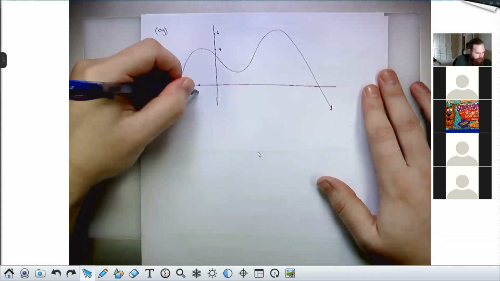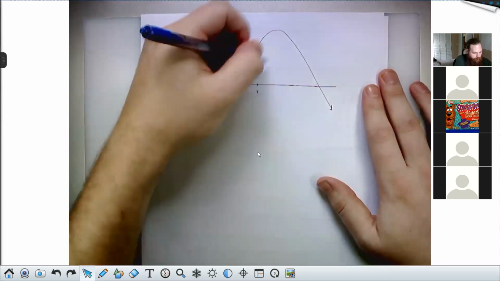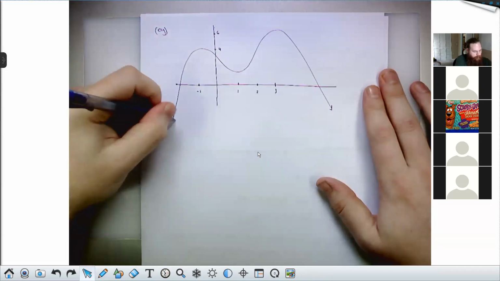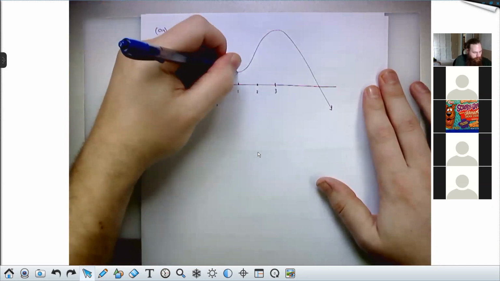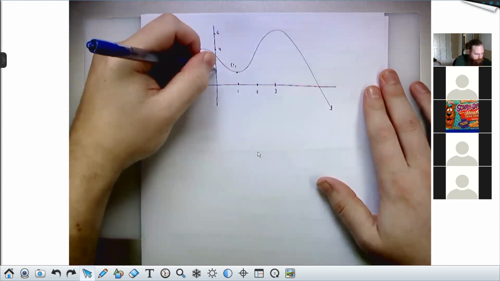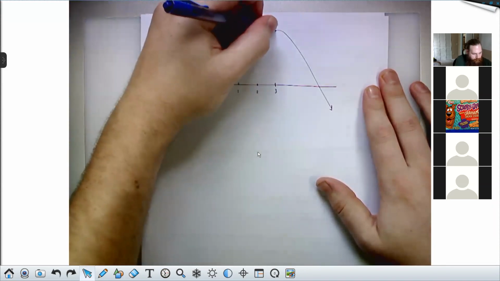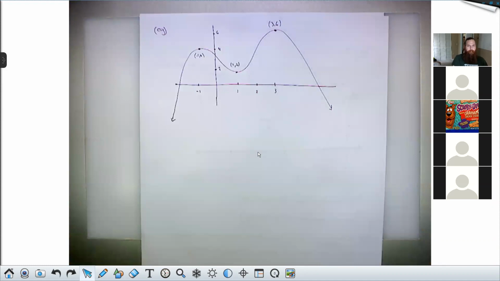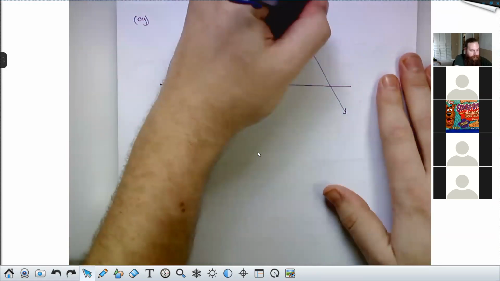Say this is -1, 1, 2, 3. So this point right here is -1, 4. This point right here is 1, let's say 2. And this point right here, we'll say is 3, 6. Okay, so if this is the graph, let's call it g of x.